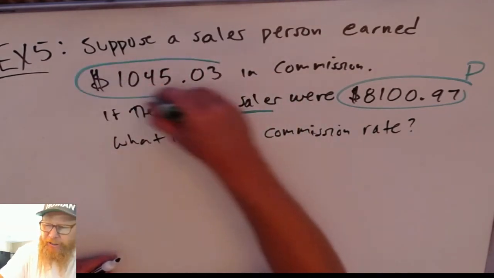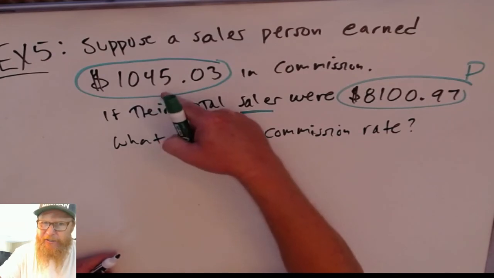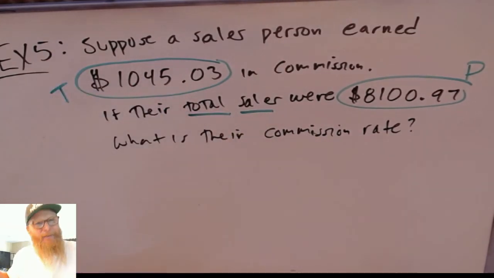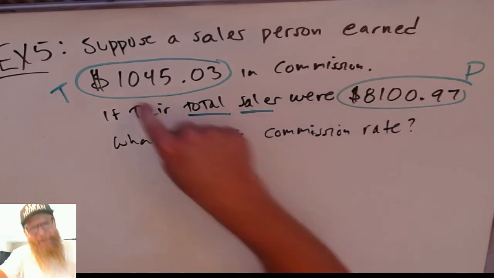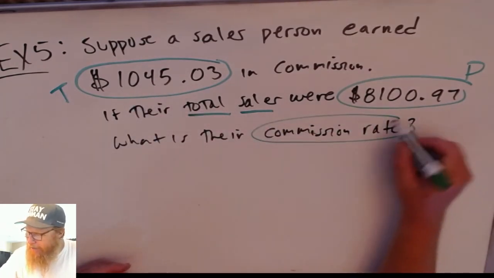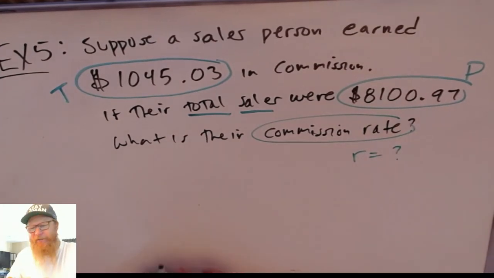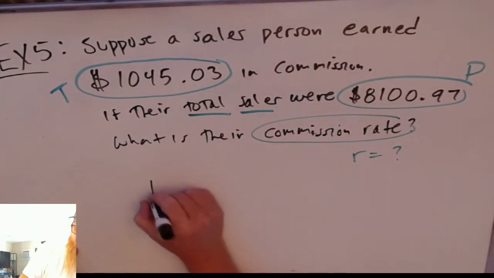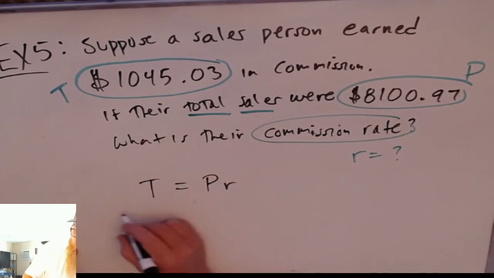Your commission, again, you can use the letter C, but take a little tip from me. Use T. It's just like tax. Yeah. It's basically saying that this amount had this much tax. Yeah. And then the unknown value is R that you're solving for.